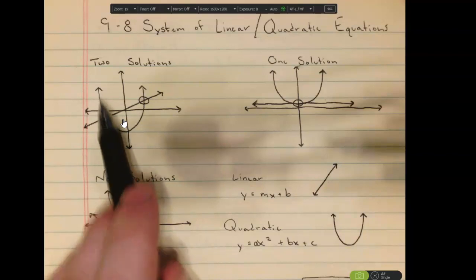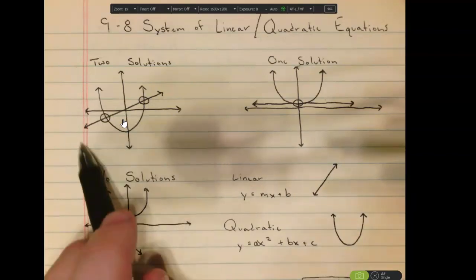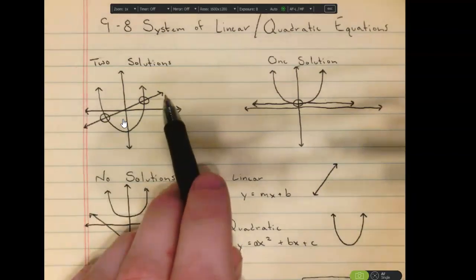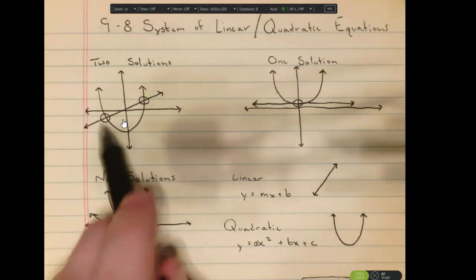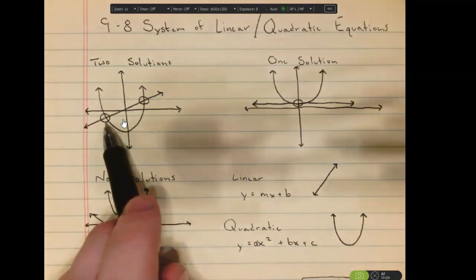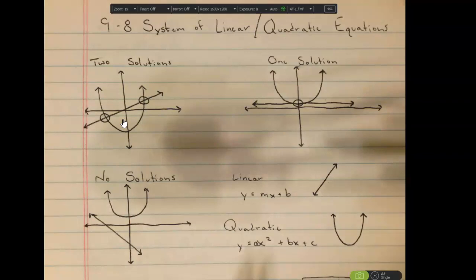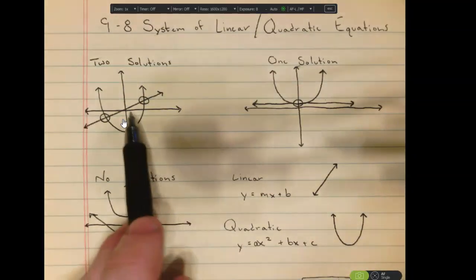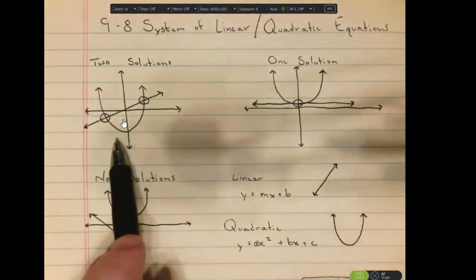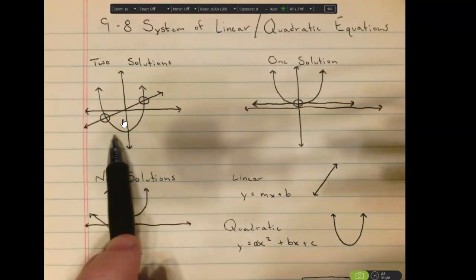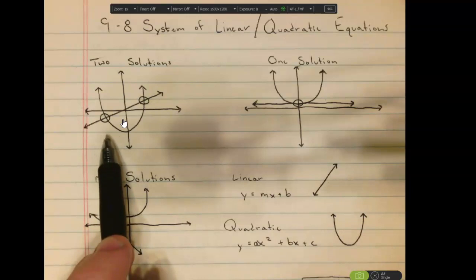You can see I've got my parabola drawn, and my linear graph cuts straight through it, and the two intersect down here in the bottom left and also up here in the top right. So there's two spots where these graphs interlock. 90% of the problems that you solve are going to have two solutions, and they're going to look like this picture here.